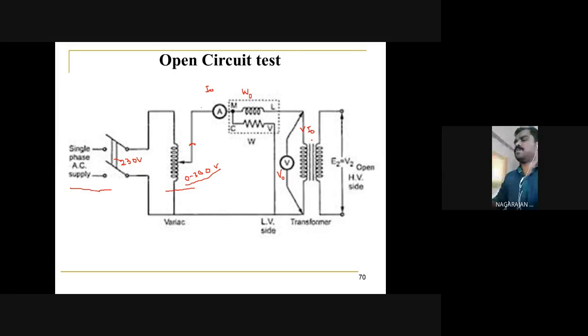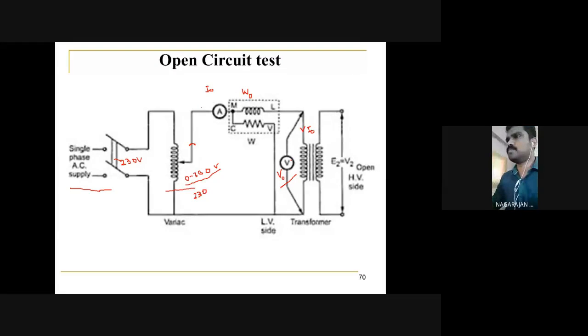We are going to take only one reading. We set 230 volts from this and confirm 230 volts on the voltmeter. You can perform the open circuit test with different voltage ratings, but the maximum permitted value is 230. You cannot go beyond 230. You can even take 130, but the maximum allowed is 230.